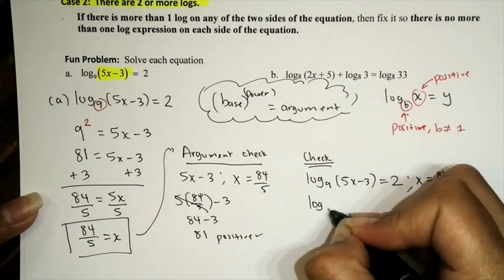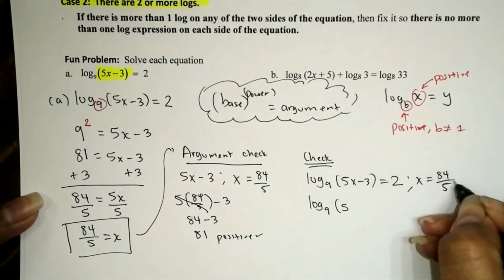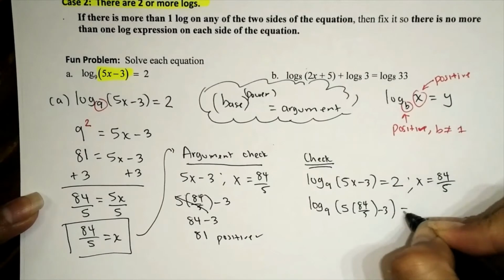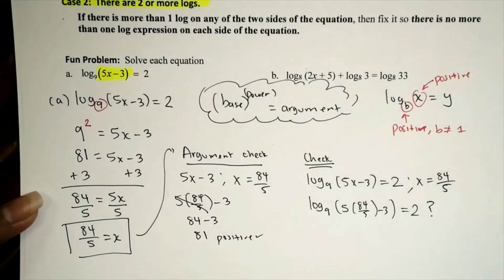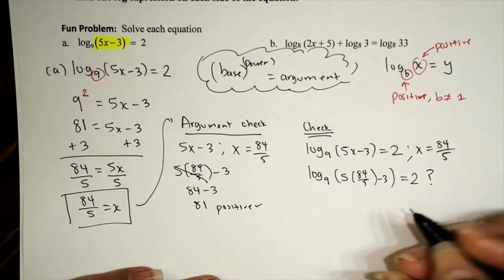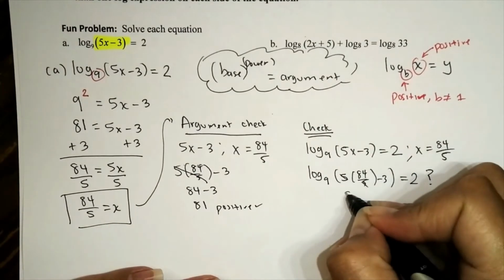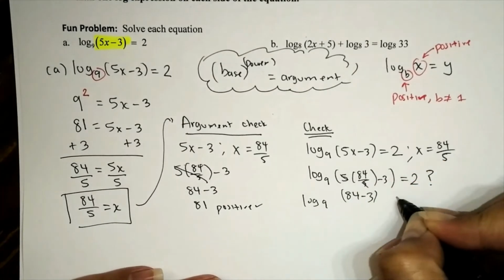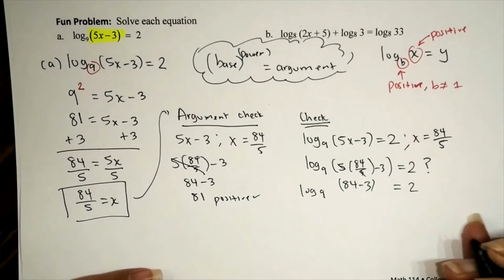So we have log base 9 of 5 times our proposed solution, which is 84 over 5, minus 3. For my peace of mind, this needs to equal 2, else we're in a situation. Once again, the quotient of 5 and itself is 1, so we have 84, and the difference of 84 and 3 is 81.